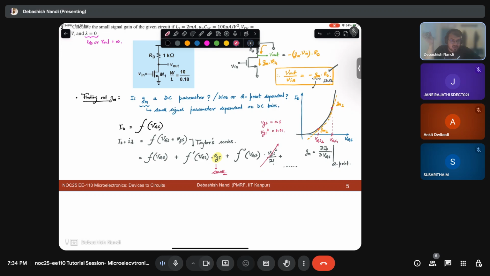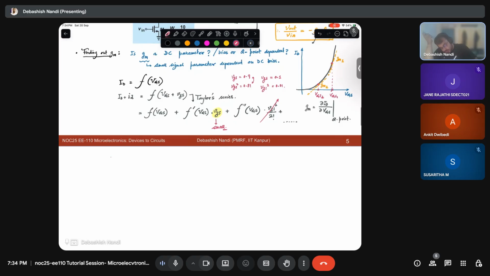So you can easily ignore that. But what if your vgs is 0.9? Your vgs square will be 0.81, right? You cannot ignore it in this case easily. So understand this very carefully, that your vgs has to be very small to have this approximation valid, right?